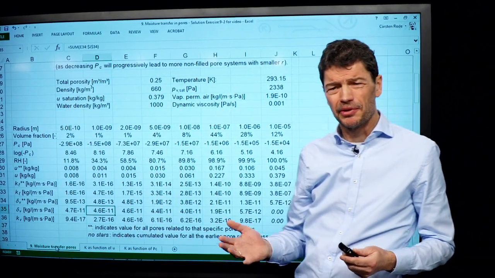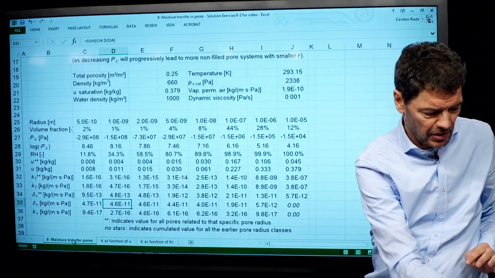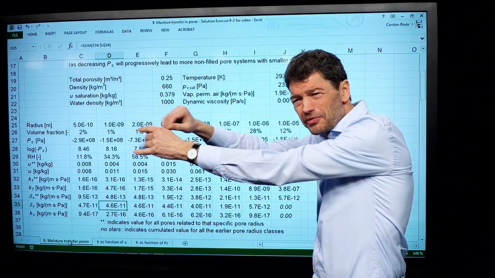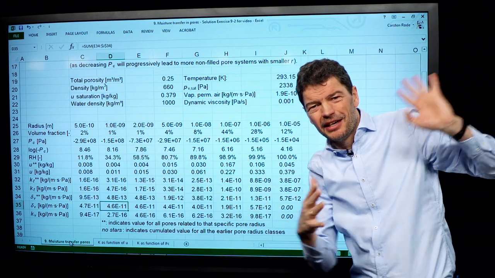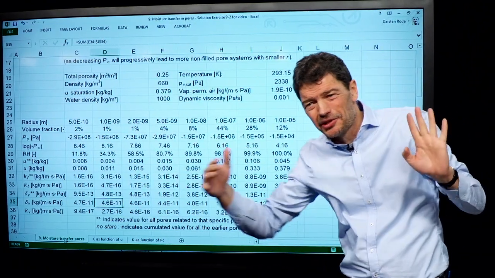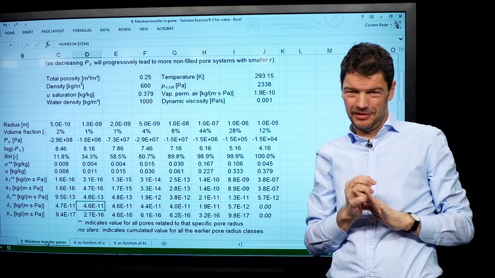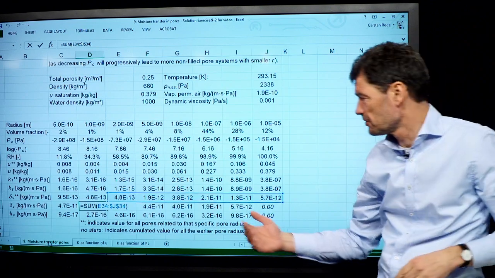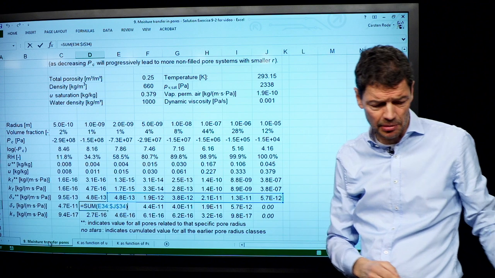Only thing is that for the vapor, when the liquid begins to fill the smallest pores, it means that as liquid comes into the smallest pores, the big pores are the ones that are left with the vapor. So gradually, as liquid comes in, there will be less and less that are water vapor filled. So that's why we sum it up to the right, so all the bigger pores from where we are at the moment.